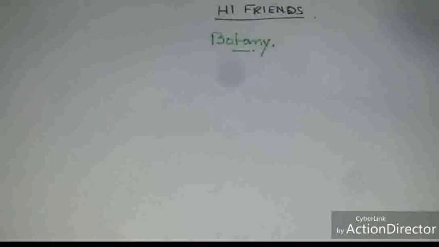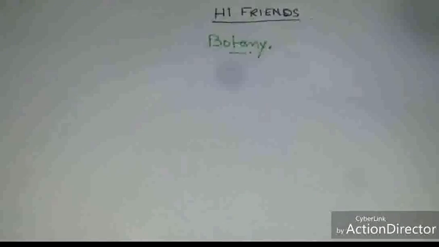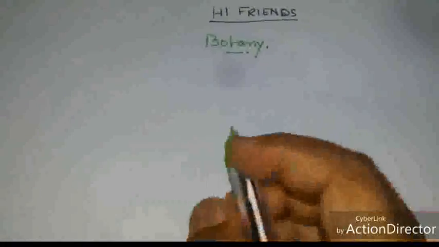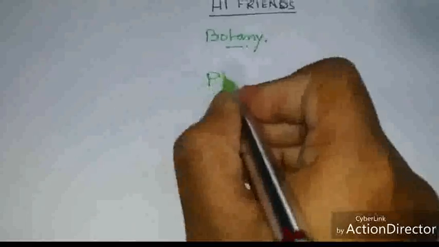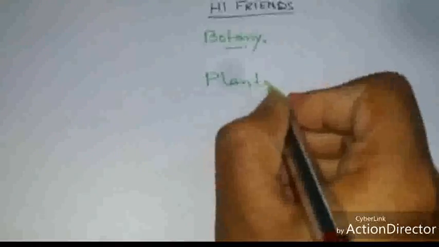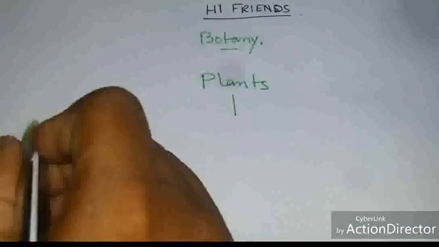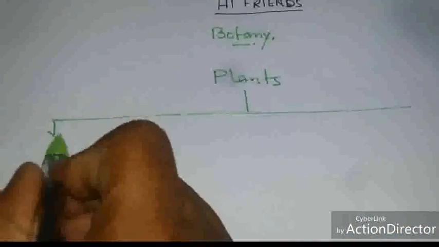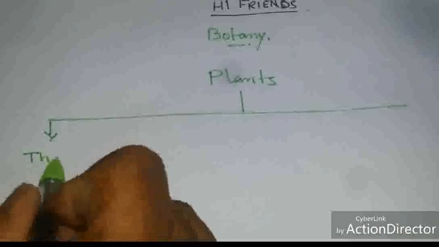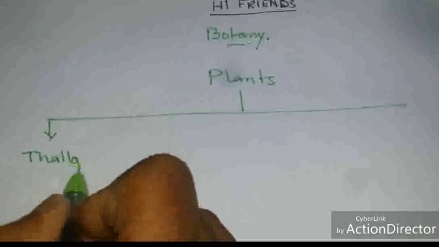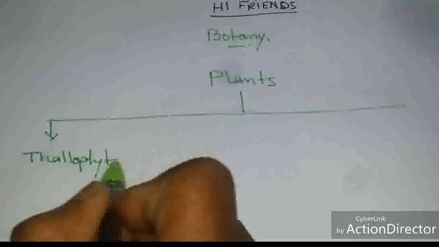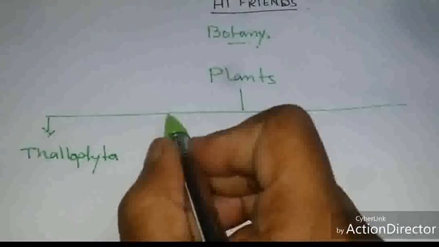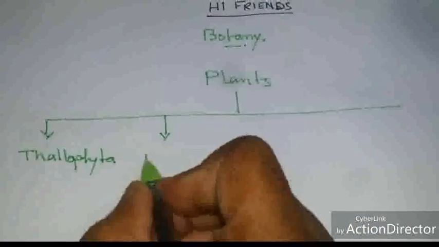And I started from the systematic parts. Now, all plant groups are divided into four groups. Number 1, Thallophyta. Number 2, Bryophyta.